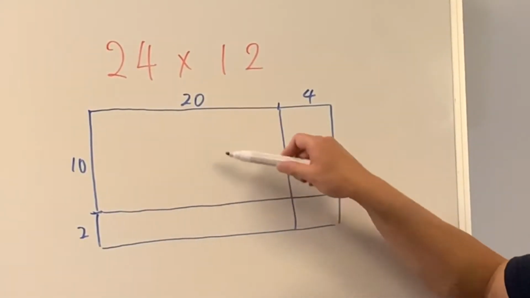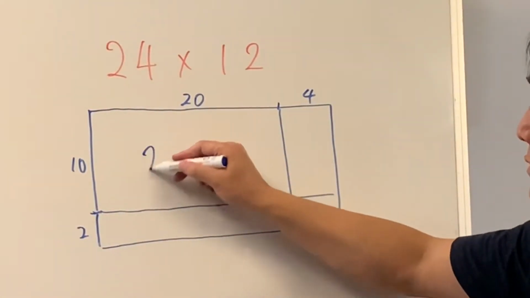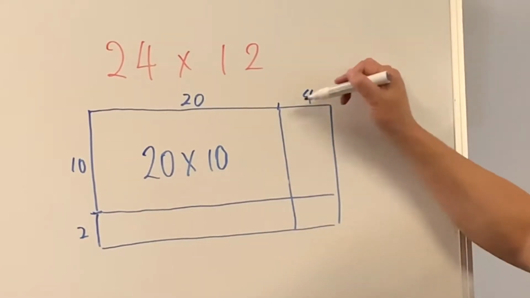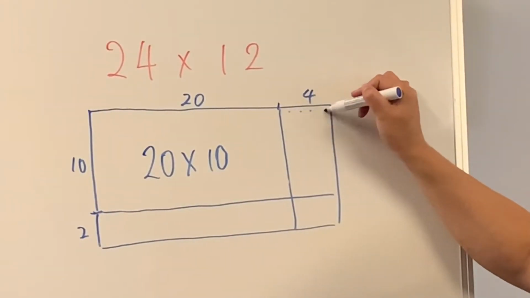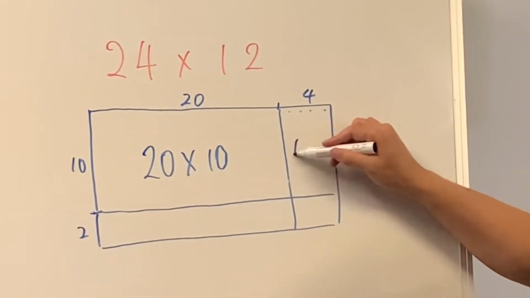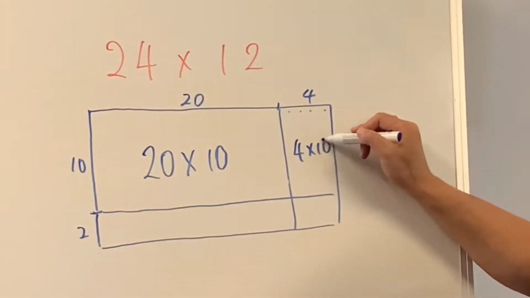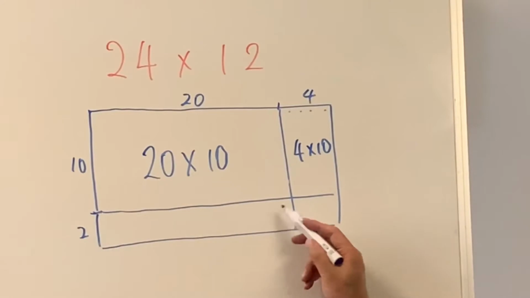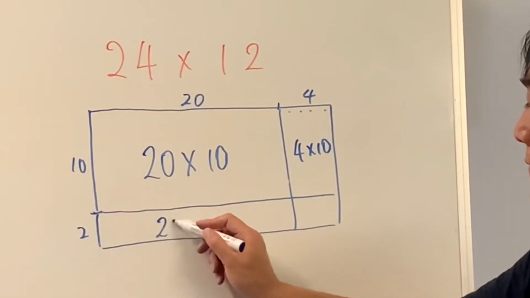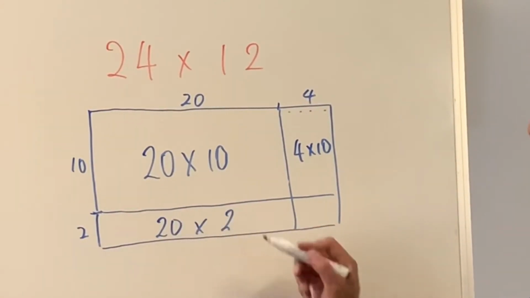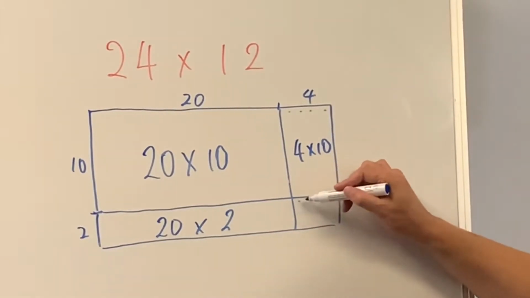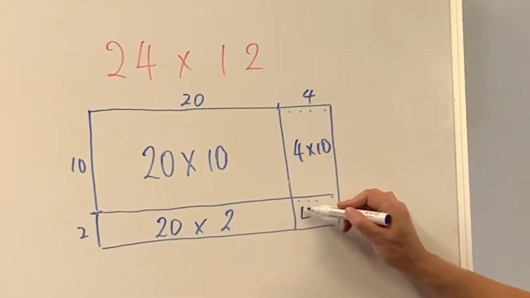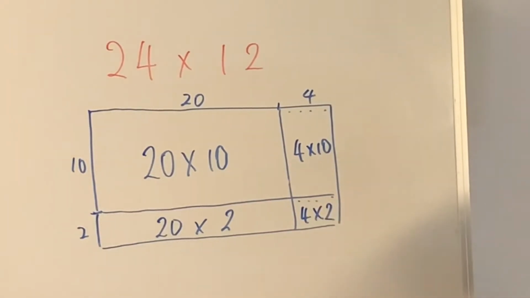So this part here I need 20 lots of 10s. Here I have 4 dots, but 10 rows. I have 20 dots and 2 rows there. This is 4 dots and 2 rows.